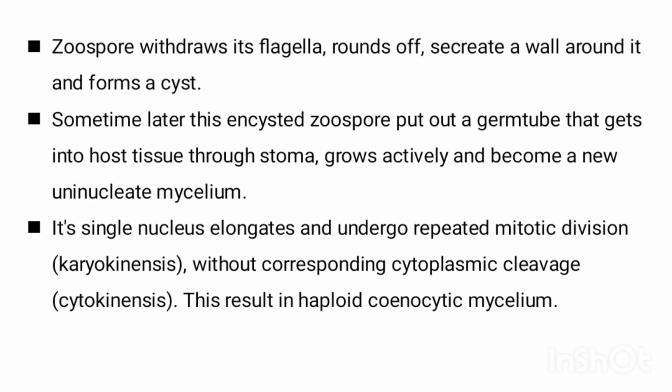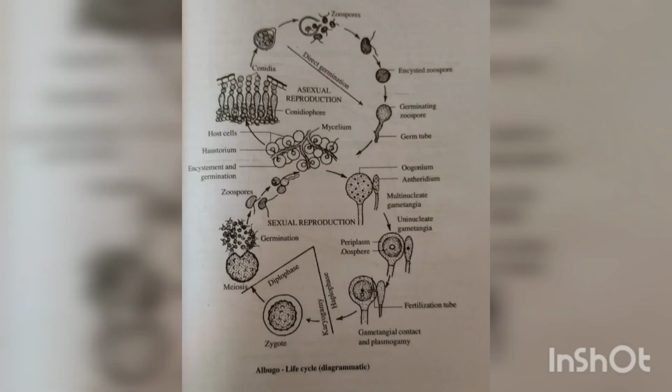So this is overall how Albugo sexually reproduces and how it produces zoospores, shown in this diagrammatic representation. You can see the asexual reproduction, which consists of conidiophores, is also shown.